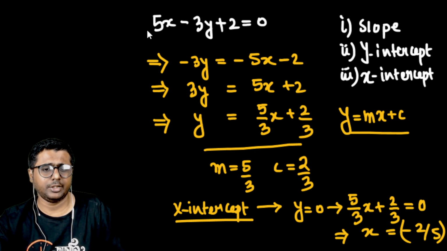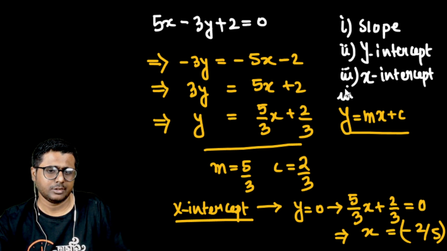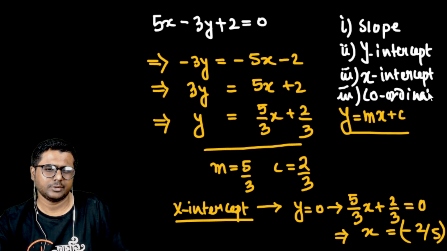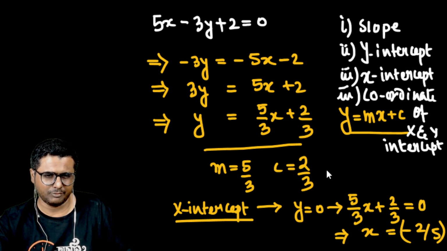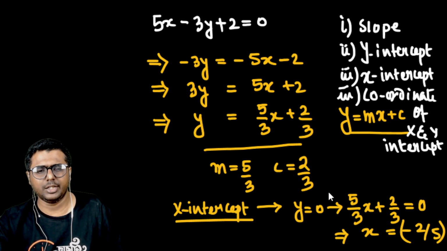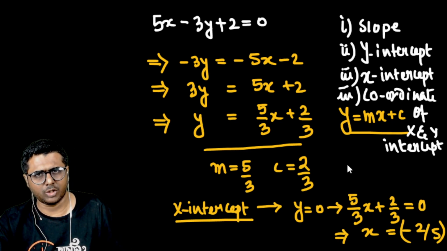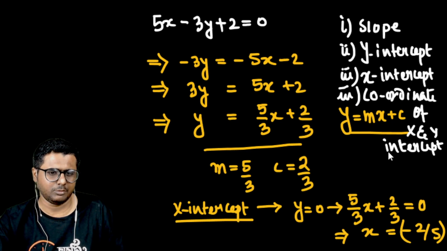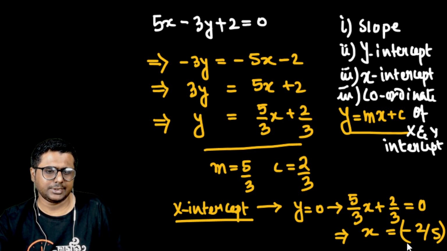Another question may be added over here: coordinates of the x and y intercepts. So what will be the coordinate of the x intercept? X intercept means when y is equal to 0. So in this case y will always be 0.